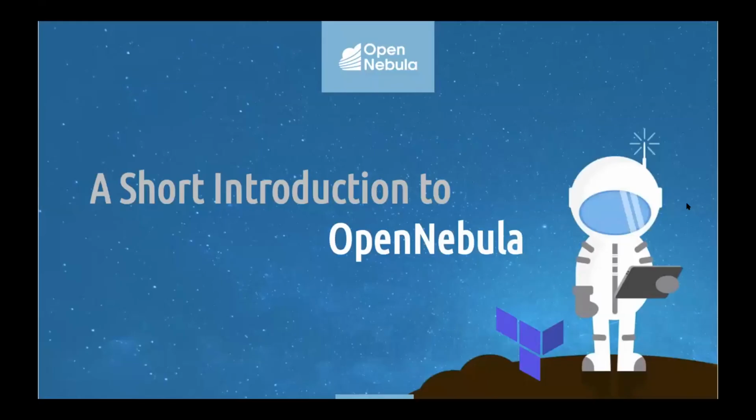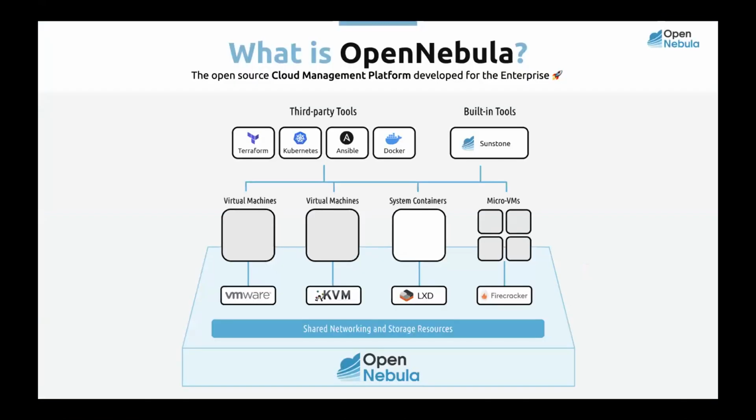Okay, so I'm going to jump into that short introduction to OpenNebula. So what is OpenNebula? It is essentially an open source virtual data center and cloud management platform. We like to call it the operating system of the cloud. With virtualization technologies like VMware, KVM, LXD system containers, and most recently with Firecracker micro VMs in our latest release, you can develop and easily manage your own multi-tenant cloud environment.